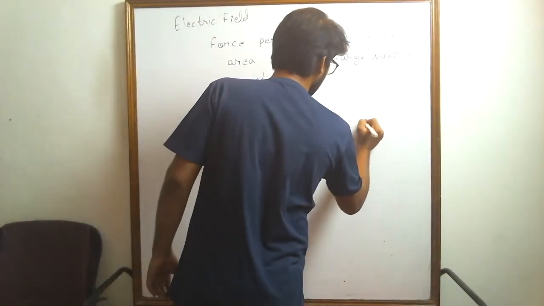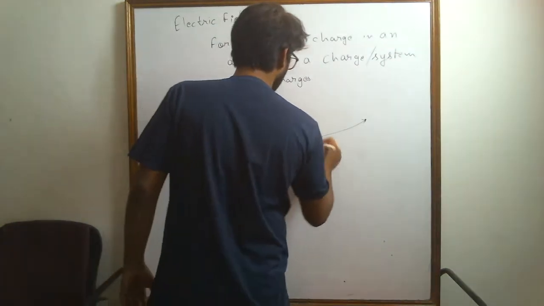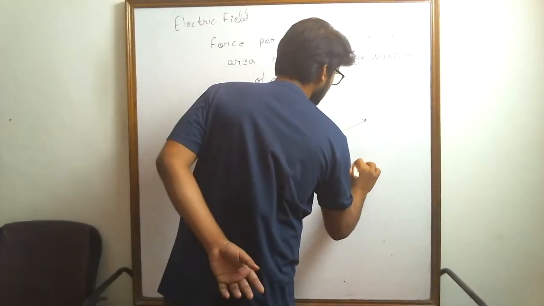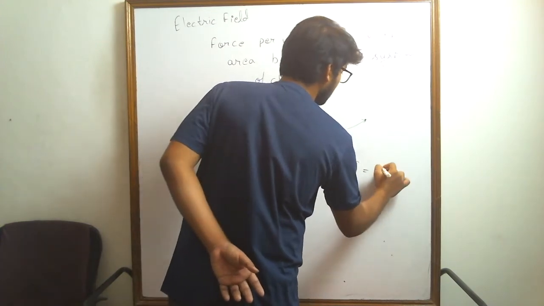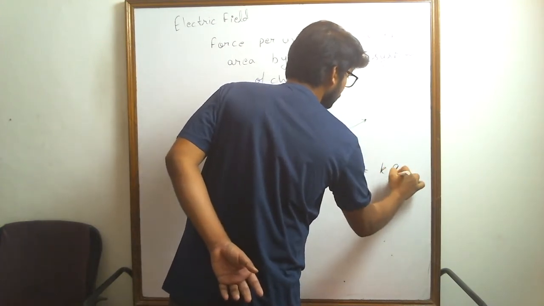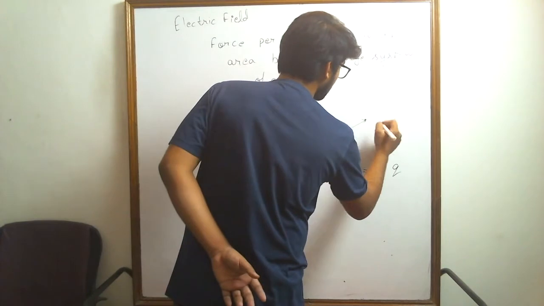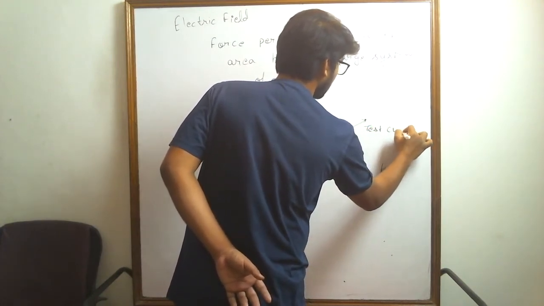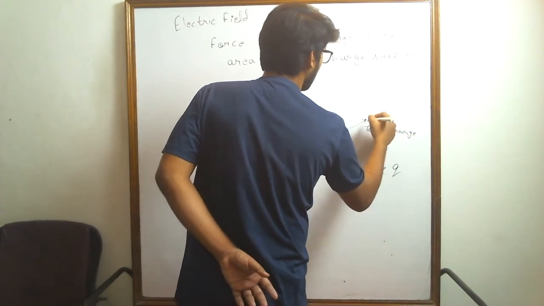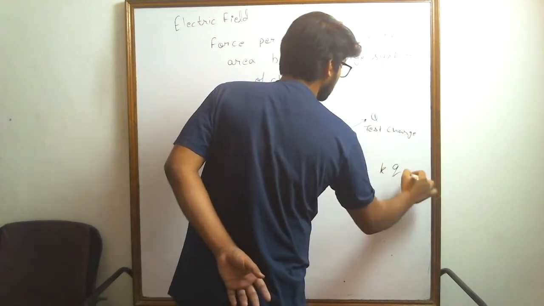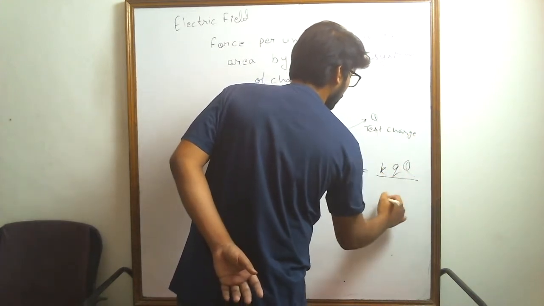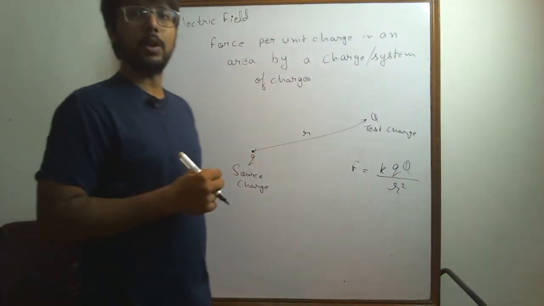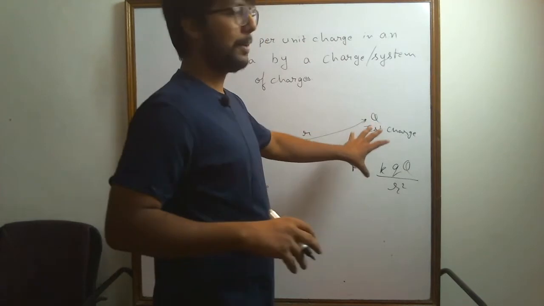If this is the distance r between them, the force here will be given by K Q into test charge, let's call the test charge capital Q, upon r square, because this is what we get from Coulomb's law. So this is a simple application of Coulomb's law.